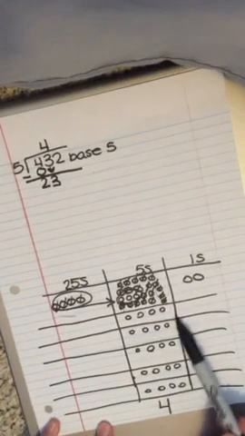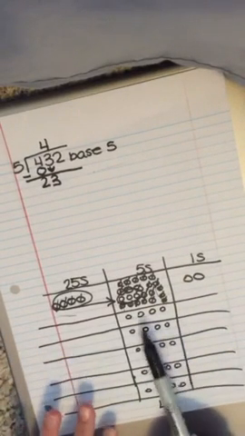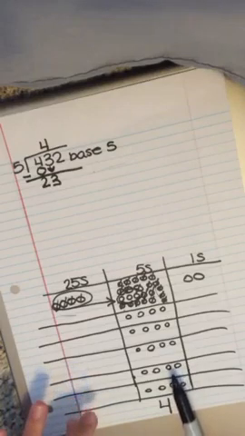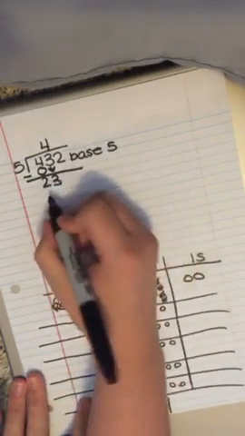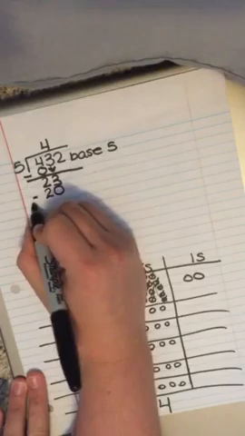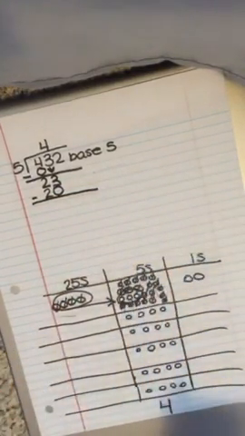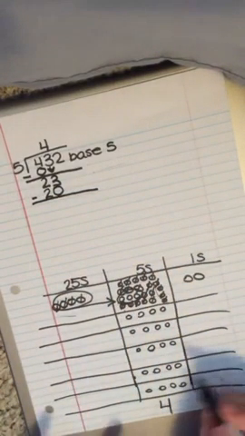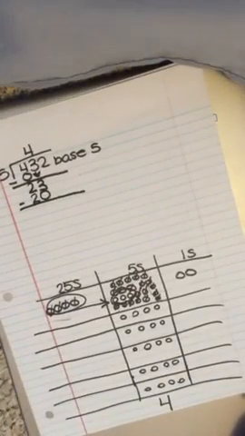Altogether, if we're counting, we have 20 chips, 4, 8, 12, 16, 20. So on the algorithm, we represent that with 20.